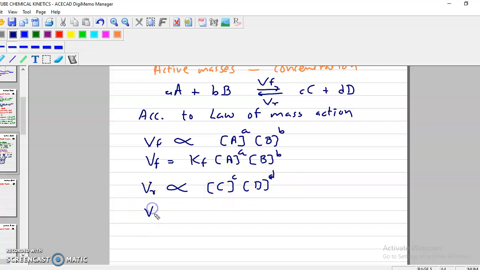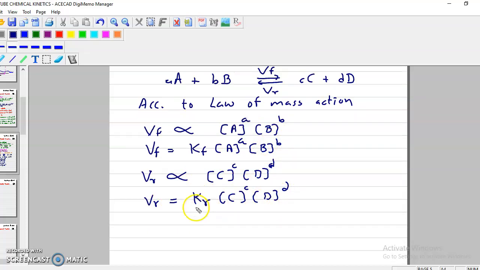If you put an equal sign, then we need another proportionality constant, Kr. So Vr is equal to Kr into C raised to c and D raised to d. So this way, according to the law of mass action, for the forward reaction we write Vf is equal to Kf into A raised to a, B raised to b, and Vr is equal to Kr, C raised to c and D raised to d.